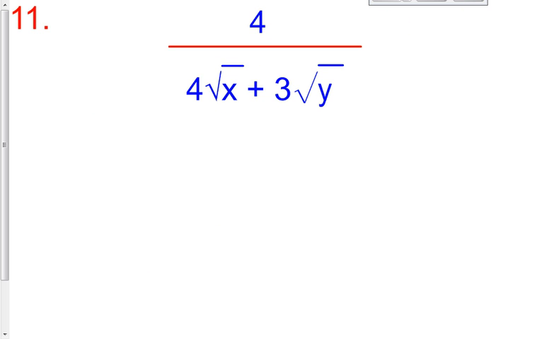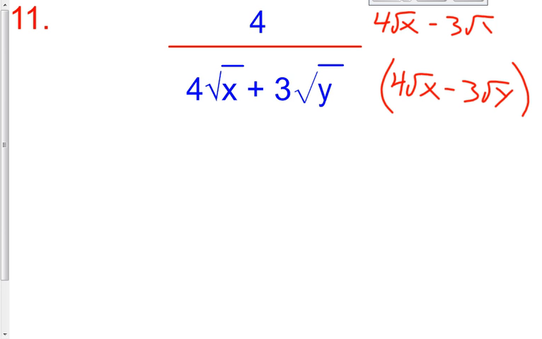Number 11, multiplying by the complex conjugate, 4 square root x minus 3 square root y. Multiply the top by that as well, 4 square root x minus 3 square root y. Distributive property, 4 times 4 square root x is 16 square root x. 4 times a negative 3 square root y is a negative 12 square root y.